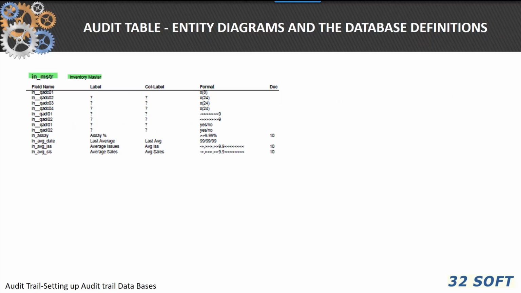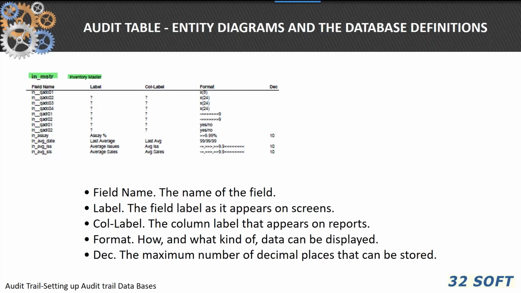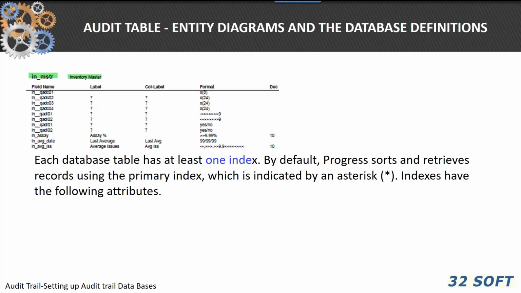Audit table or database definitions, if anybody doesn't have access to this, is the report that shows all of the myriad of tables in QAD, grouped by module, and you can see the field name, the label, the column label, format, decimal functions for particular fields. It also defines indexes.